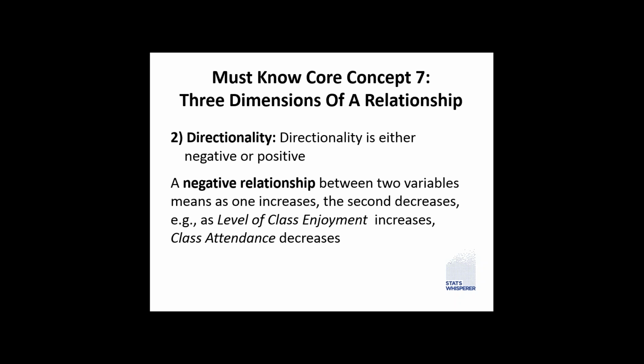A negative relationship between 2 variables means as one goes up, the other goes down. So if class enjoyment scores go up, and it's a negative relationship, class attendance goes down as those scores go up. They go in a reverse direction.